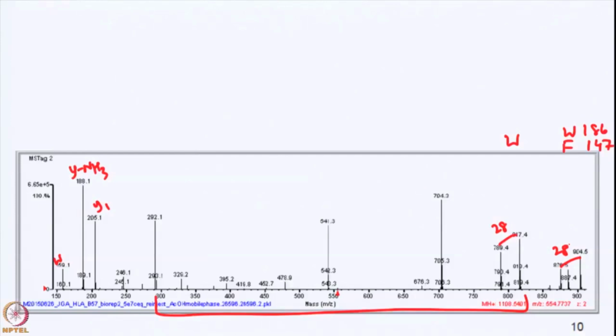So what ion type is the 904 peak? B or Y, right? B minus 28 is A, right? And what's the mass gap between that? It is 87. What amino acid is 87? Serine, right?